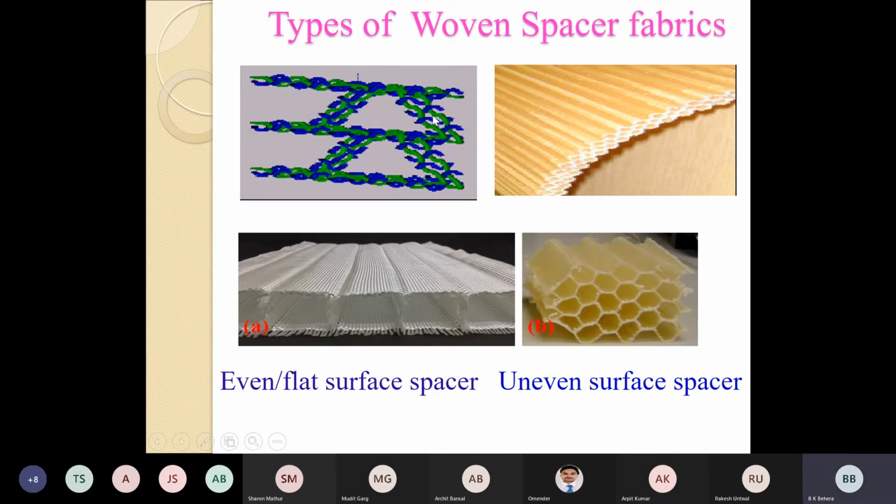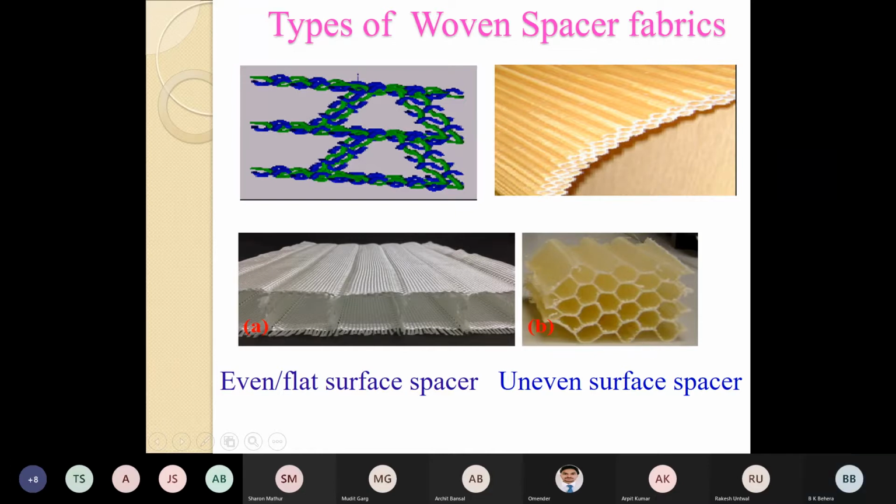But if you compare these two with these two, what you see here, these are spacer fabrics whose top and bottom surfaces are flat, even. These are spacer fabrics whose top and bottom surfaces are uneven. Look at the uneven surface on top and bottom.